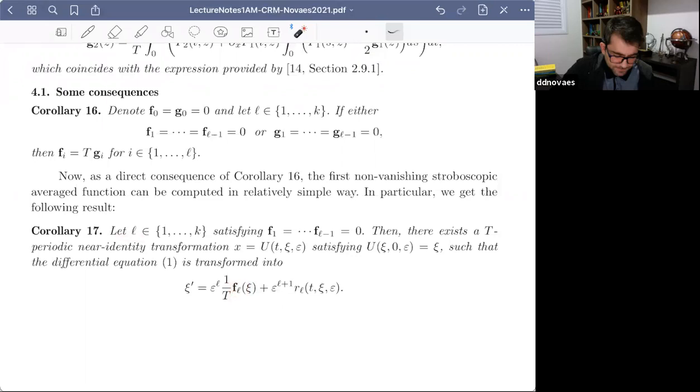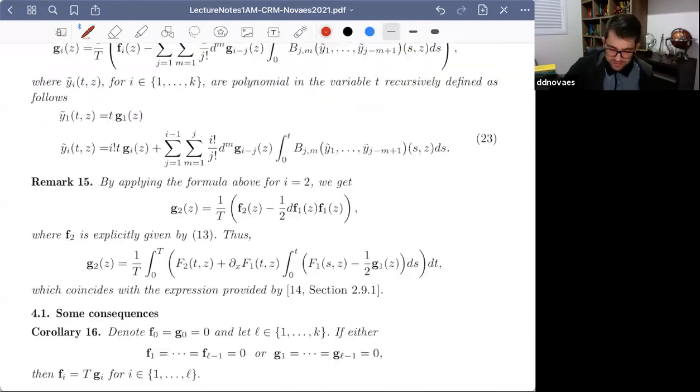Then there exists a T-periodic near-identity transformation x = u + t c epsilon, satisfying the stroboscopic condition, such that the original differential equation, the first one I have introduced, is transformed into this differential equation. And now what we have here is the average function provided by the Minicurso method. Okay? This is because, in these conditions, it's equal to GL of C.